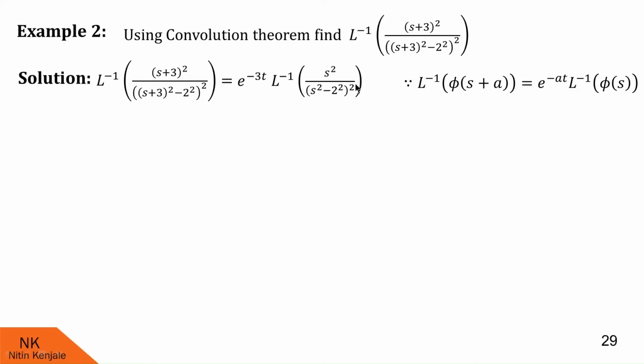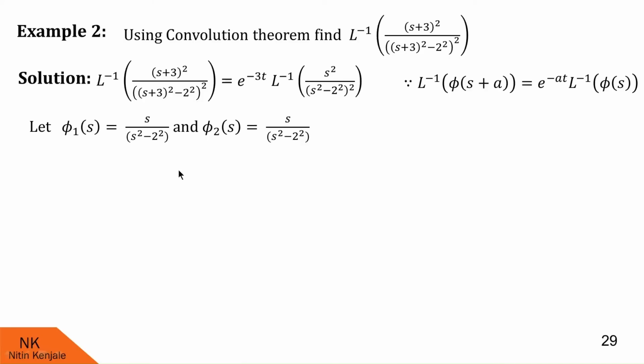Now let us find L inverse of this function. For that, we are going to use the convolution theorem. So let us first choose phi 1 and phi 2. Here I am going to choose phi 1 as s upon s square minus 2 square. Similarly, phi 2 will be s upon s square minus 2 square. Therefore, phi 1 into phi 2 will be this function.